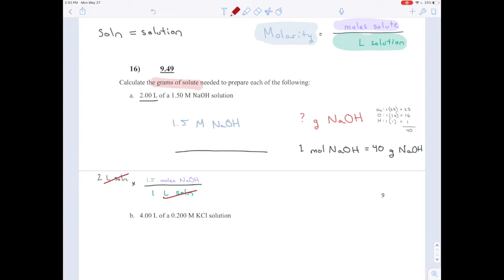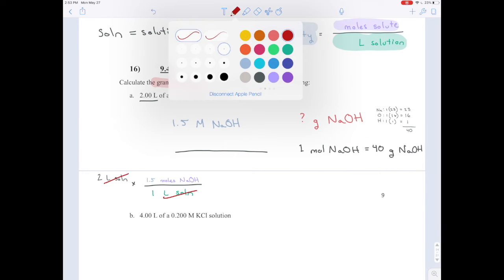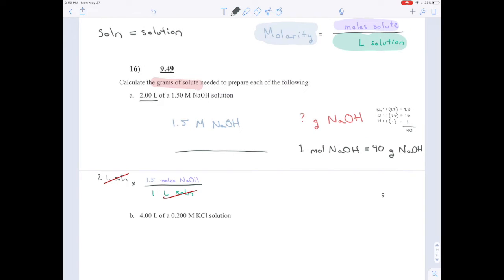You'd be left with moles of NaOH, but we want grams of NaOH, so we do another conversion. Every time you do a conversion, write a multiplication sign, fraction bar. The units you start with go on the bottom of the next fraction so that they cancel out. So that's moles of NaOH.